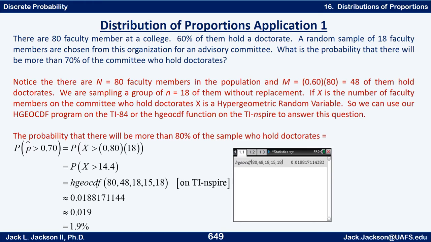If X is the number of faculty members on the committee who hold doctorates, then X is a hypergeometric random variable. So we can use our HGeoCDF program of the TI-84 or the HGeoCDF function on the TI-Nspire to answer this question. The probability that there would be more than 70% of the sample who hold doctorates is the probability that p hat is greater than 0.7.